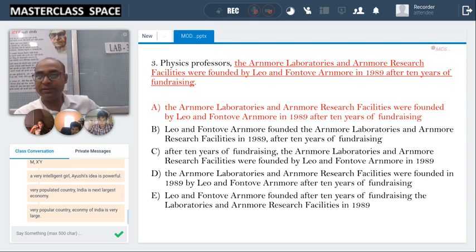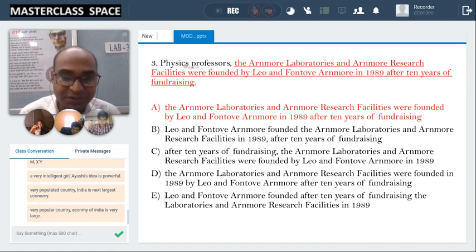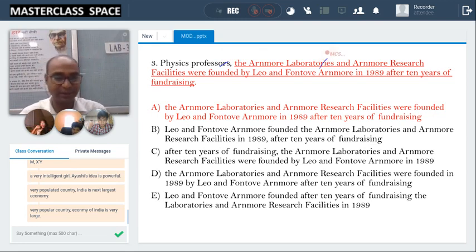So now look here. Physics professors are more laboratories. As you know, it is professors, but here it is laboratories. Can a professor be a laboratory? The answer is no, right? So A is out.